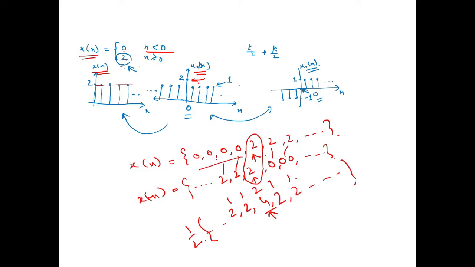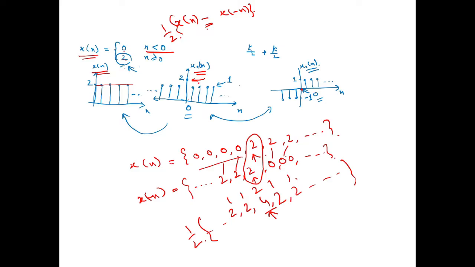Now, to get the odd component, we subtract: 2 minus 2 becomes 0, and all these ones would be in the negative half, because we have a multiplier of minus 1. The odd component is given by x of n minus x of minus n, and then half of that.